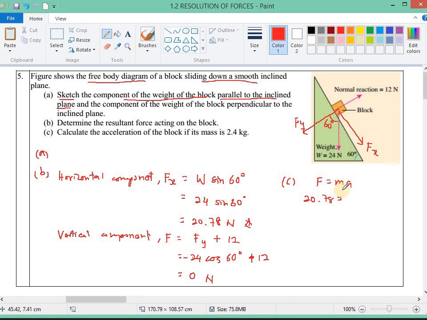The mass is 2.4, so what is the acceleration? We get 8.658 meter per second squared. The block will accelerate down the slope at 8.658 meter per second squared.